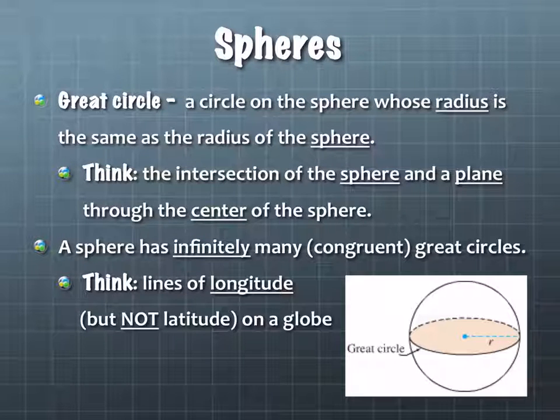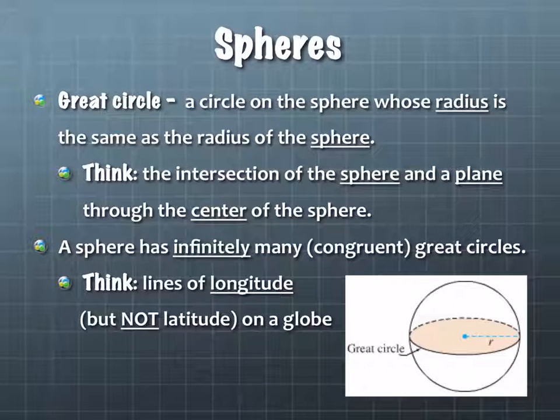Basically, it would be a circle that cuts the sphere into two exact halves, right? So imagine taking a basketball or a globe and cutting it exactly in half. That place where you cut it would have formed a great circle. A sphere has infinitely many congruent great circles.